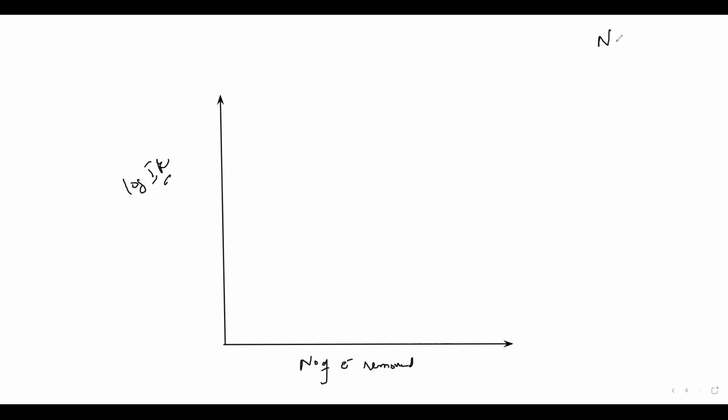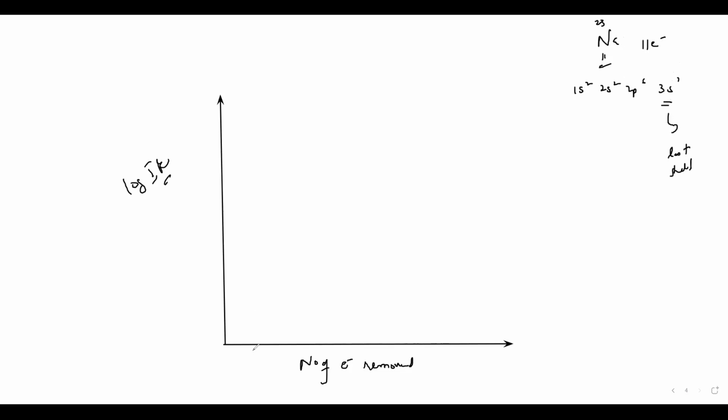For example, we have sodium. First we write the electronic configuration of sodium. 11 electrons are there, so it will be 1s2, 2s2, 2p6, and 3s1. This is the electronic configuration. Whenever we remove an electron, it is always removed from the last shell.